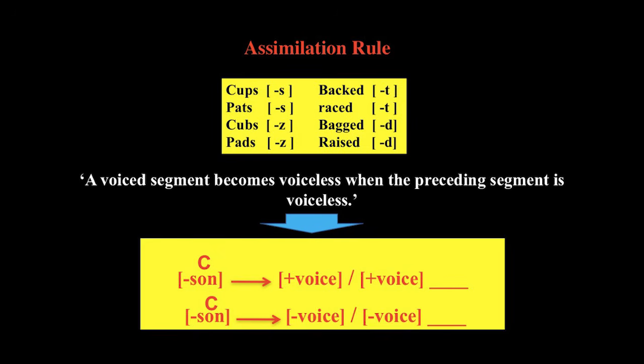We simply say a consonant that is minus sonorant becomes plus voice if it is preceded by a plus voice sound, and a consonant that is minus sonorant becomes minus voice if it is actually preceded by a minus voice. So we are actually here writing two rules, two phonological rule notations to describe one single rule or one single phonological statement.